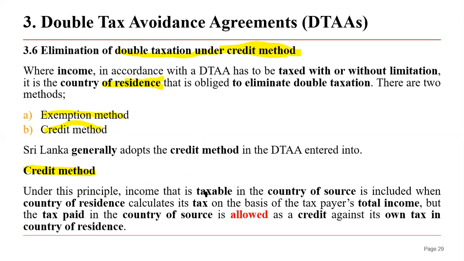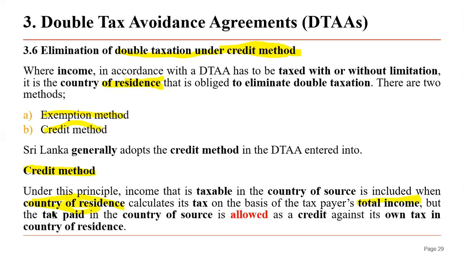Under this principle, income that is taxable in the country of source is included when the country of residence calculates the tax on the basis of the taxpayer's total income. The resident country, let's say the Indian company XYZ as in our example, needs to pay tax on total income.